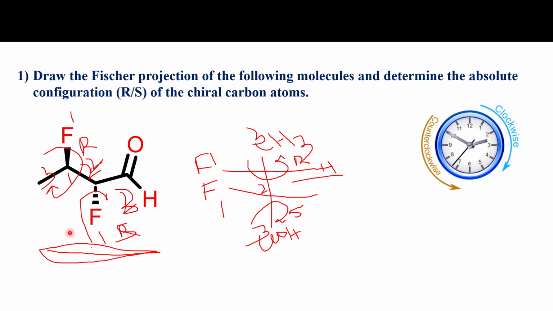Now we have solved some problems on how to draw the OH bond to Fischer. Then we have to give the RS nomenclature of this molecule. So any doubt regarding this?